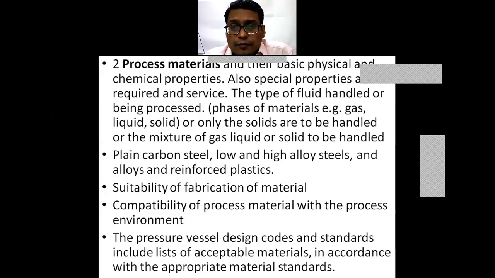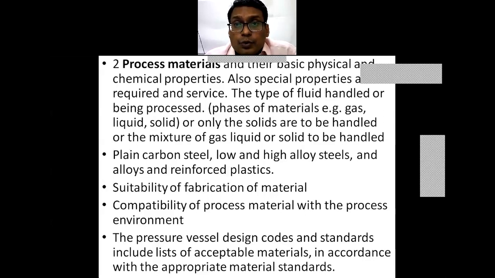Which process material? When you talk about the process material, it is the material which is to be processed. There is a difference between a process material and a material of construction. Material of construction is different from the process material. Process material: which material is to be processed?